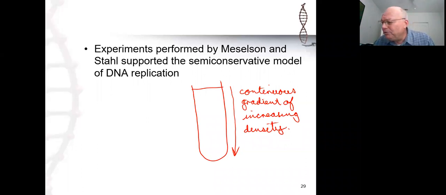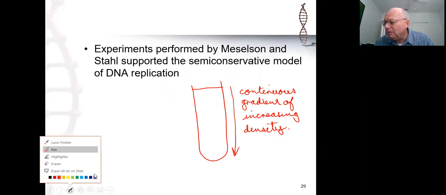And the reason why this was their chosen technique was simply because DNA molecules placed in the solution will get pulled down through the solution by the artificial gravity field as the centrifuge is spinning, and will simply move through until they reach a density that is equivalent to their mass.